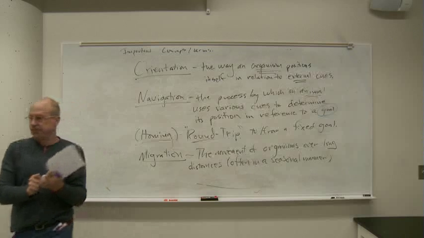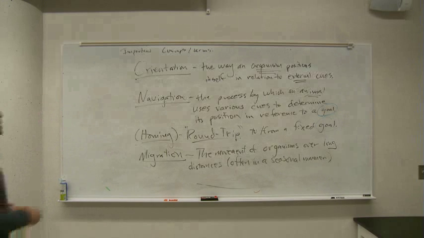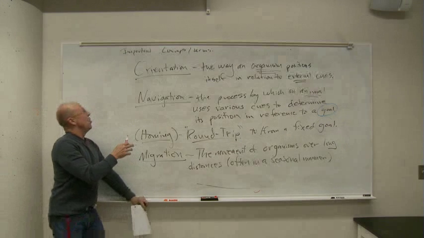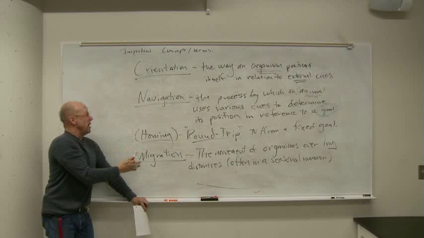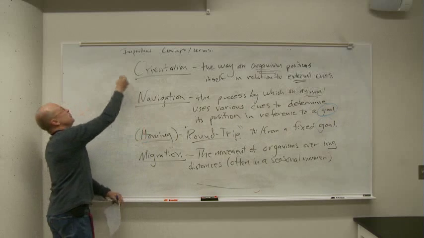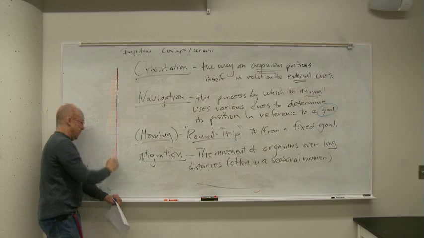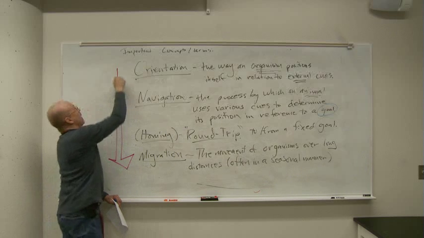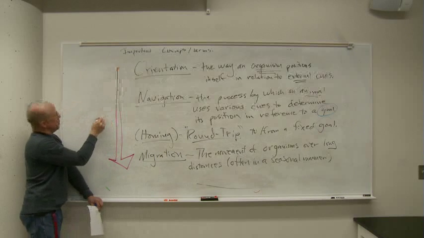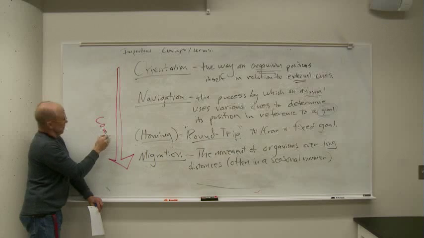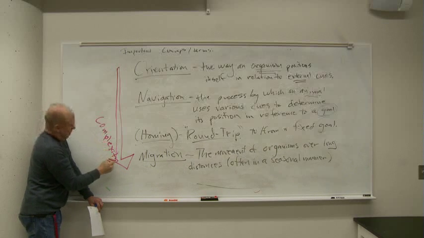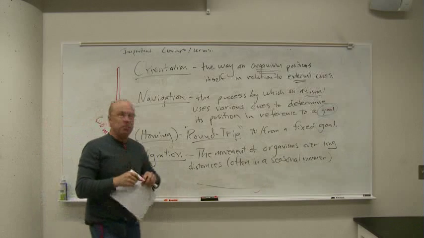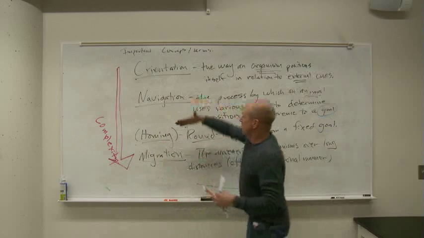All right. So let's take a look at this presentation and put some direction to it. As a general rule, we're going to see complexity become more and more important.